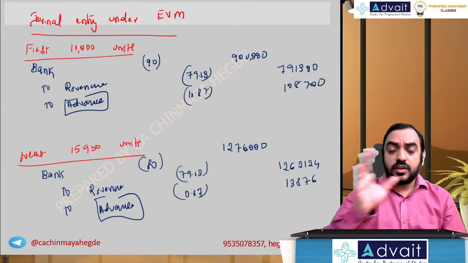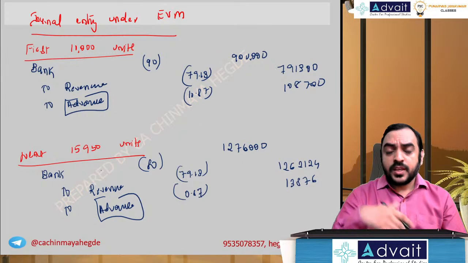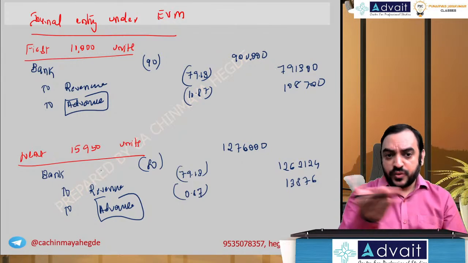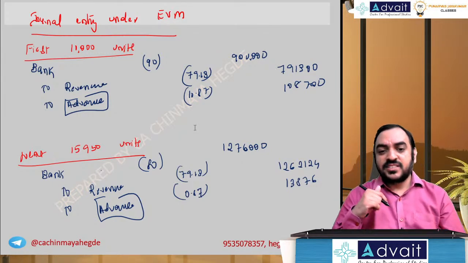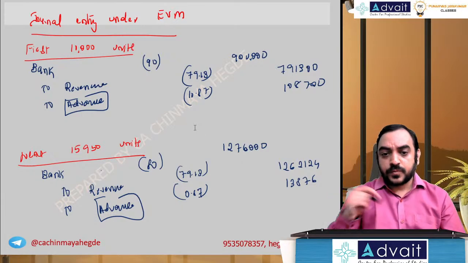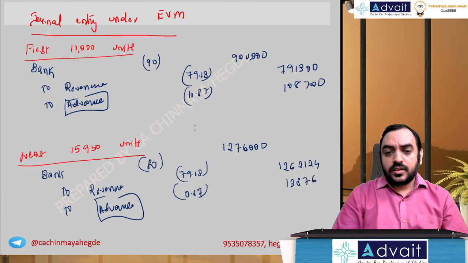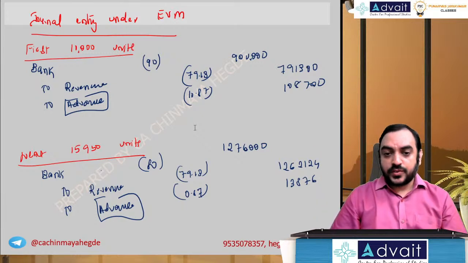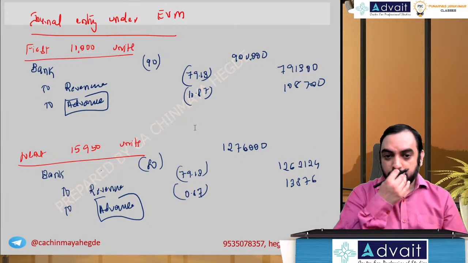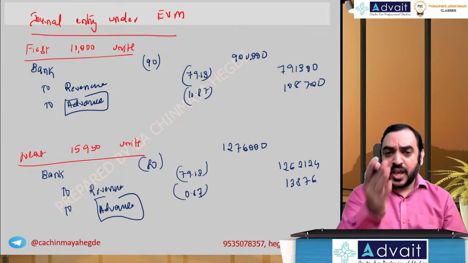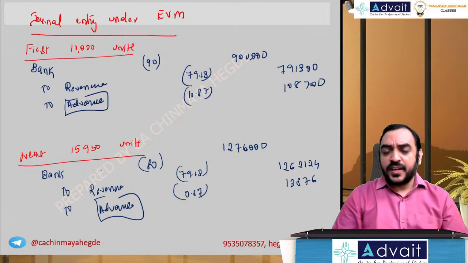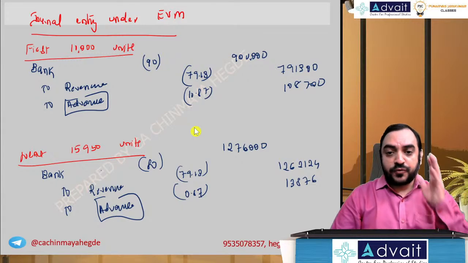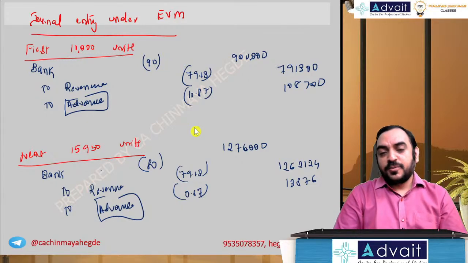We can recognize 80 rupees, but we are recognizing revenue only for 79.13. So the balance amount is what is going to be considered. Anyway, I'll just tell you once more fresh. You try to write till here.